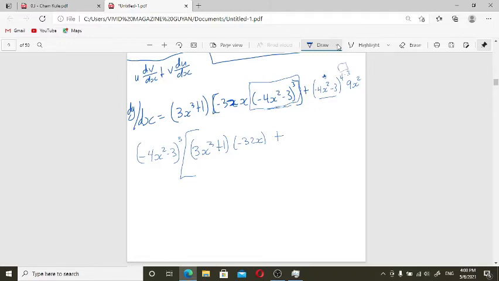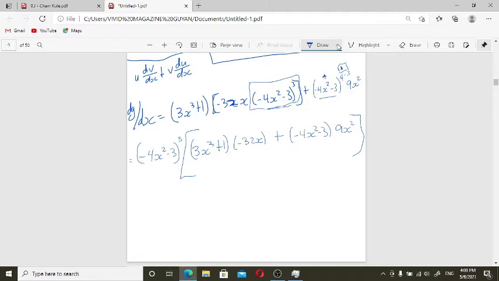So there's still a minus 4x squared minus 3 there, times 9x squared. Now I'm using square brackets because there's still more that happens as you continue to solve this problem.